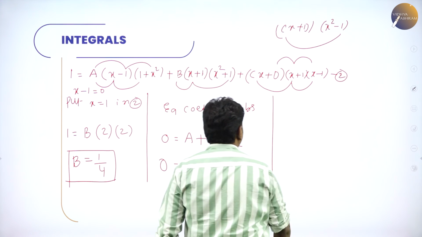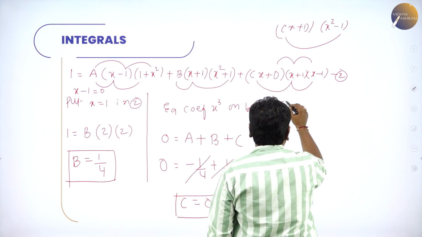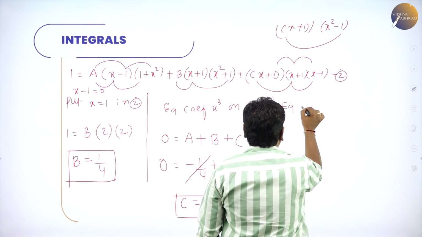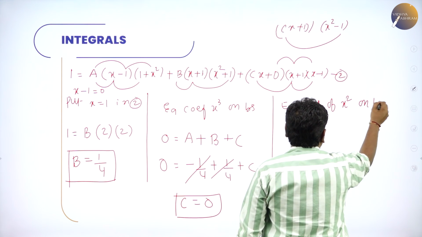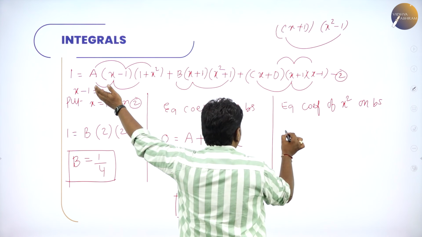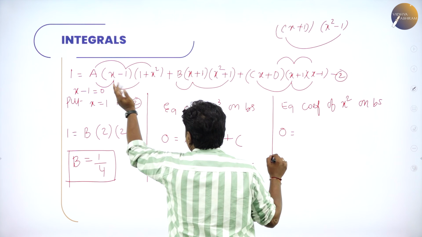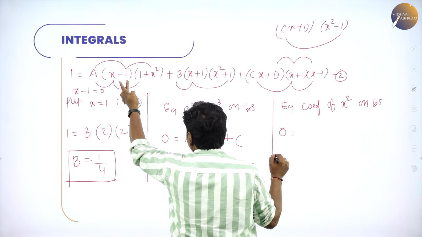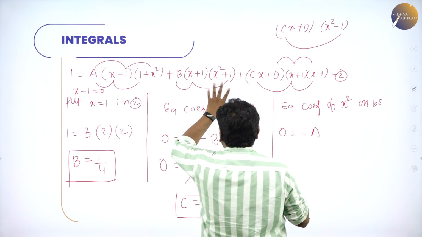Now directly go to d. So equate coefficients of x square on both sides. In LHS, what is the coefficient of x square? 0. In RHS, a x into 1, a into minus 1 into x square, so it will be minus a.